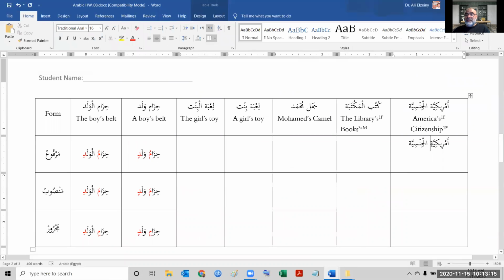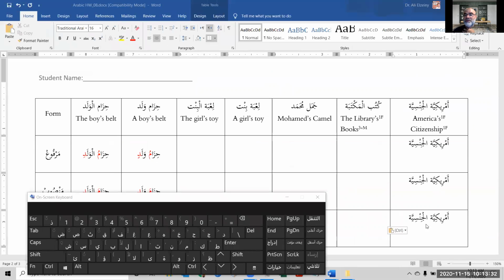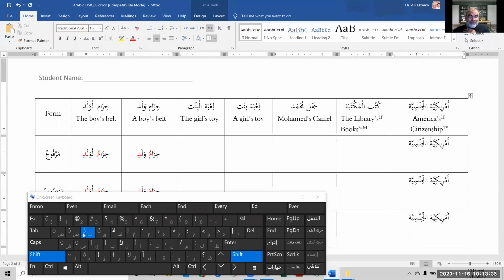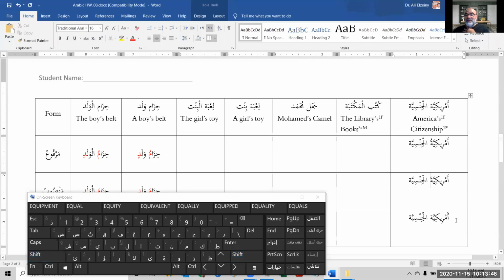So copy this 3 times. Marfu' is damma, mansub is fatha, and majroor is fatha.